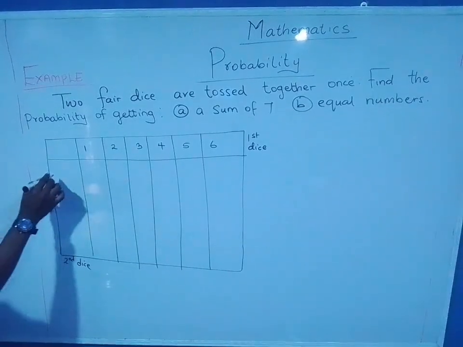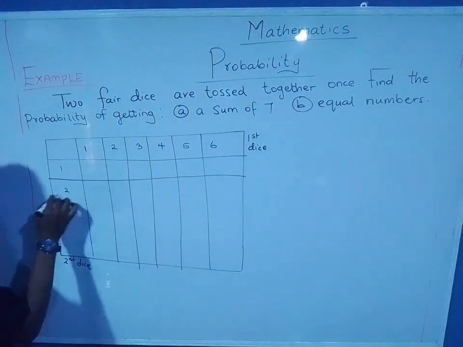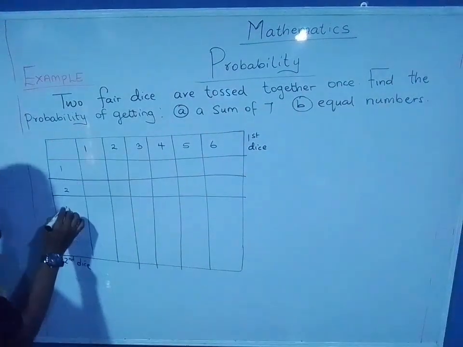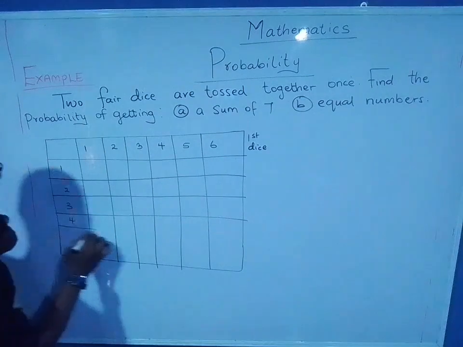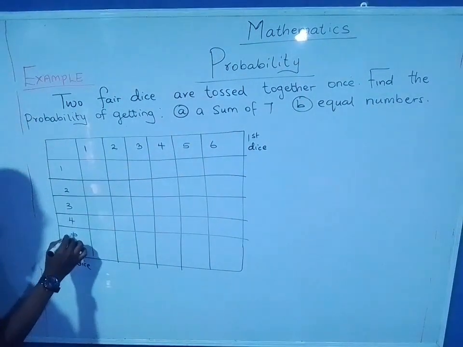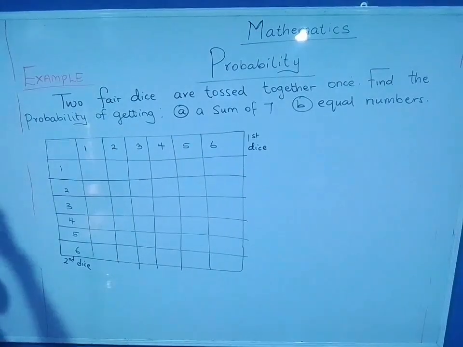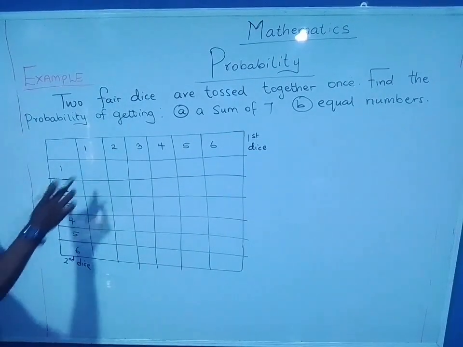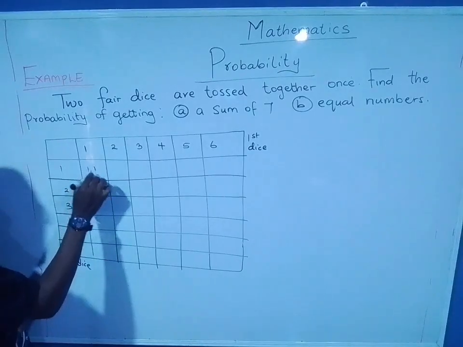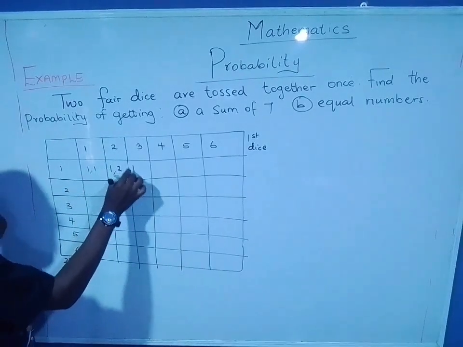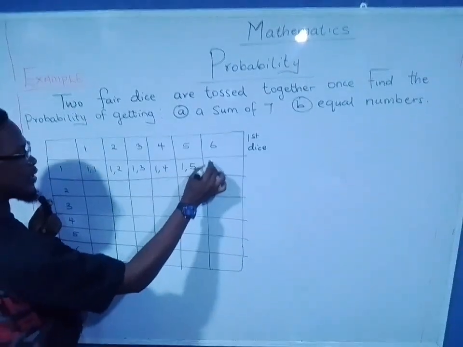The second die, we can write 1, 2, 3, 4, 5, and 6. So if we have these two combinations, it becomes 1,1, 1,2, 1,3, 1,4, 1,5, and 1,6.